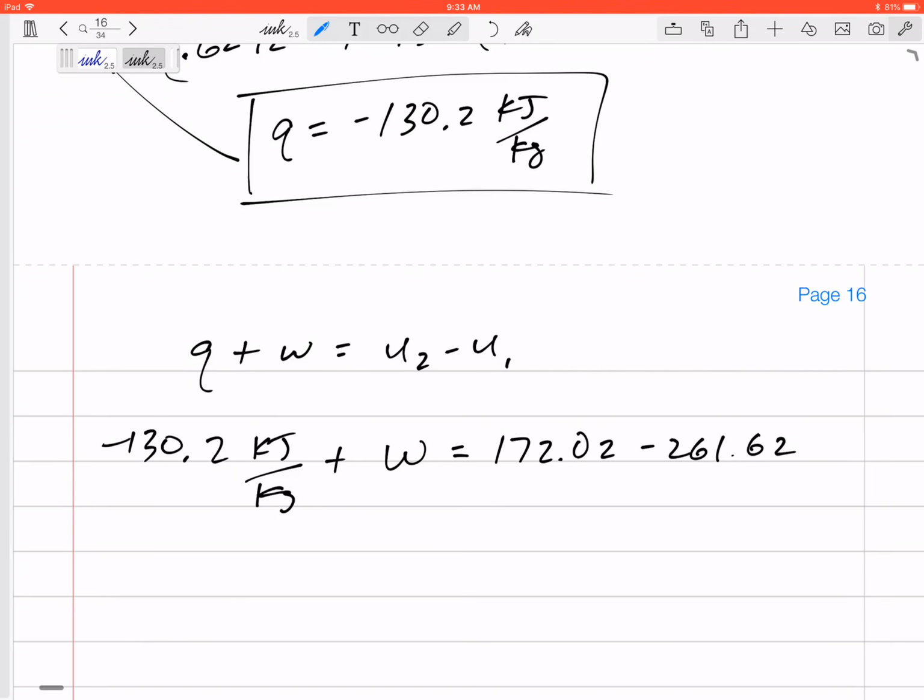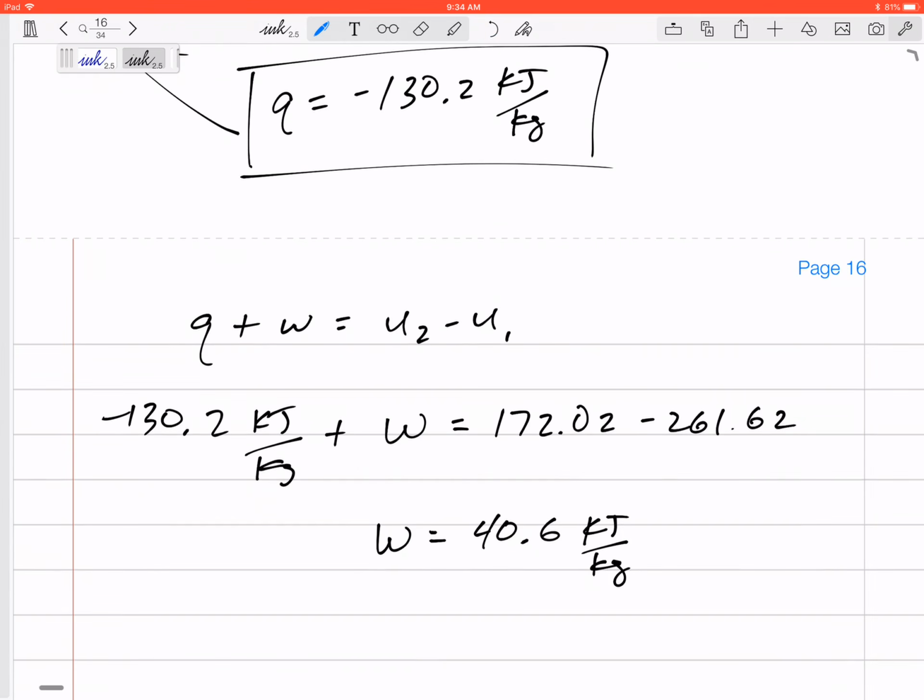The units do work out. The work, lowercase w, would be positive 40.6 kilojoules per kilogram.